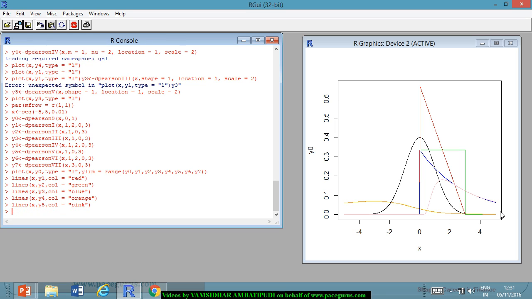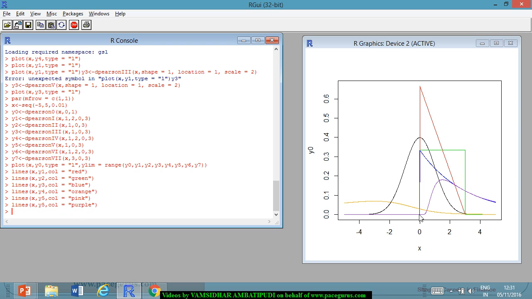So the inverse gamma is looking like, probably let me do it with a different color, purple. So the inverse gamma is coming out like this, which is also defined only for positive, but you could see there is a kind of an inversion with respect to the gamma distribution out there. So that's the inverse gamma.